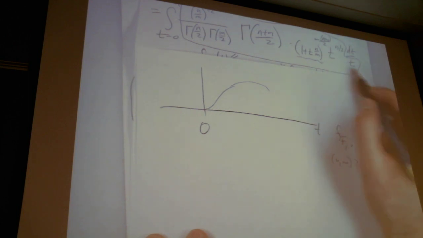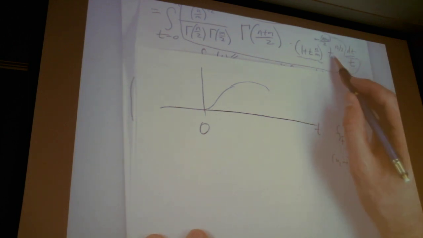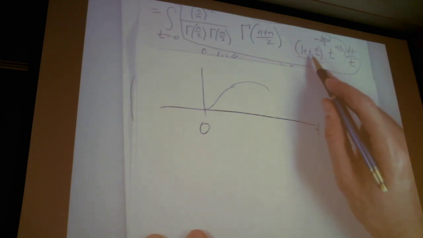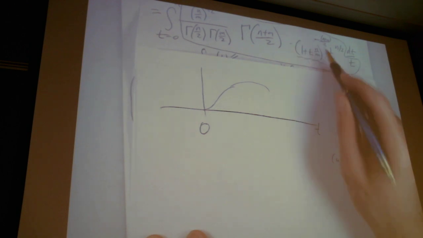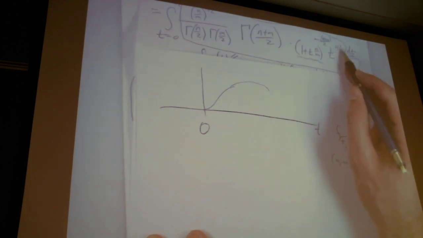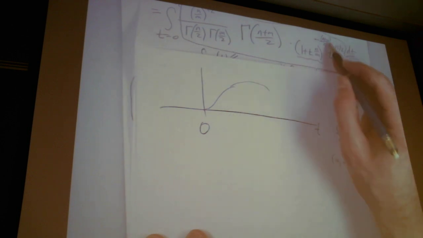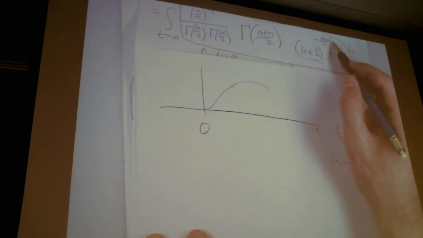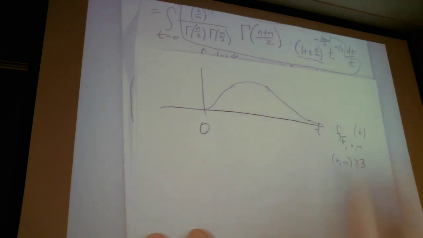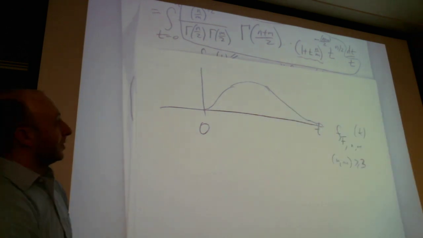Well, for large values of t, this is growing. This is t to the n over 2 minus 1. That's growing. But for large values of t, this is decaying, like t to the n over 2. So this t to the n over 2 cancels that t to the n over 2, but I have an extra t to the negative m over 2. So that is what is bringing this distribution back down. Okay, so that's the general shape.